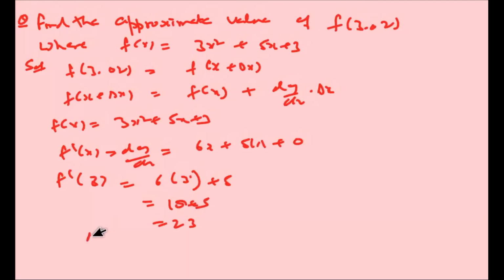And here we can say delta x is equal to 3.02 minus 3, so that is 0.02.